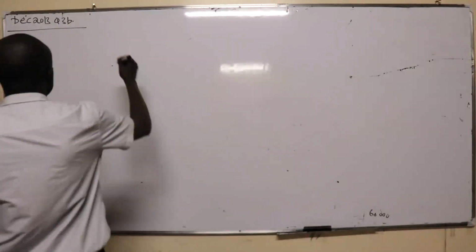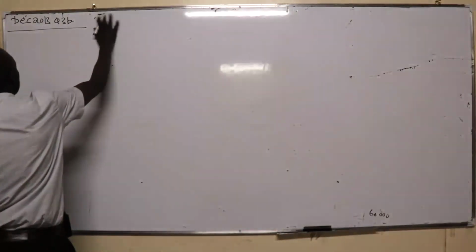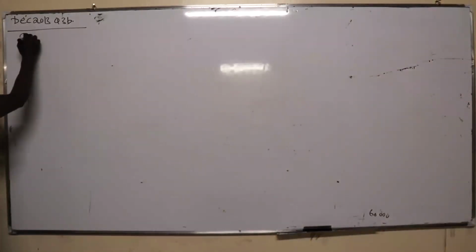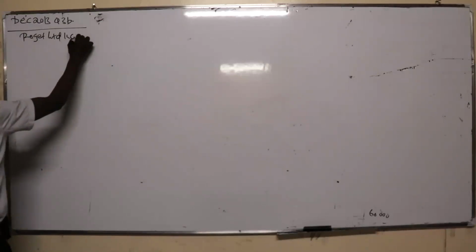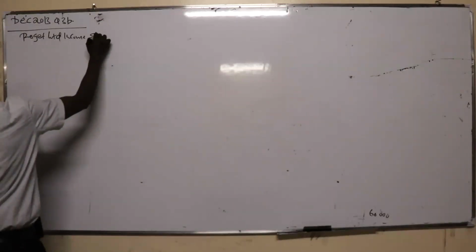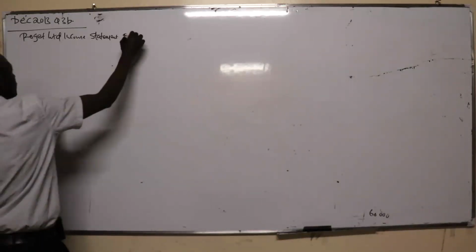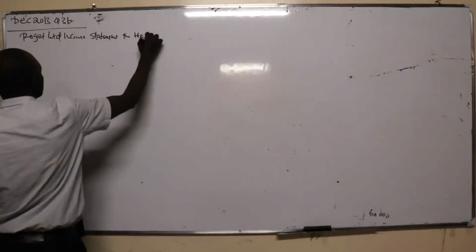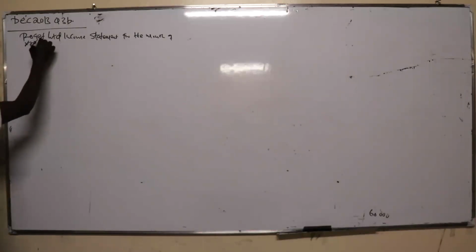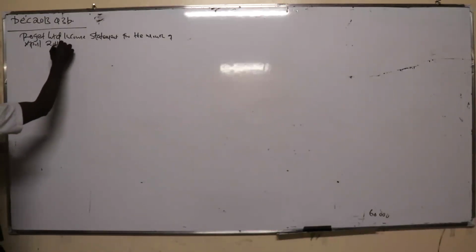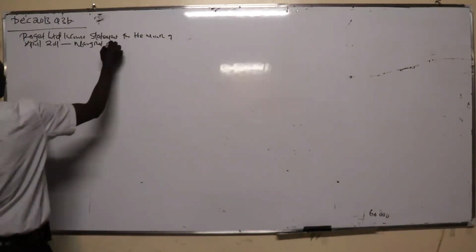So we're going to write here Progress Limited. Income statement for the month of April 2011, marginal costing.